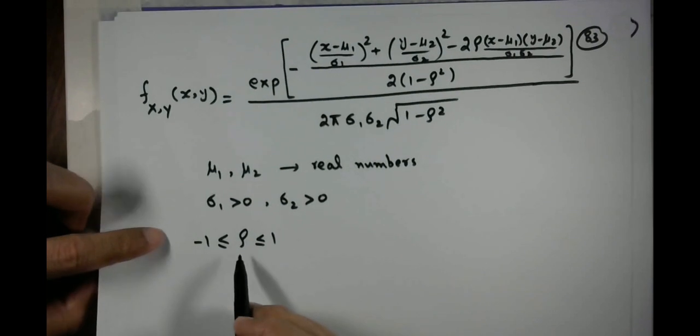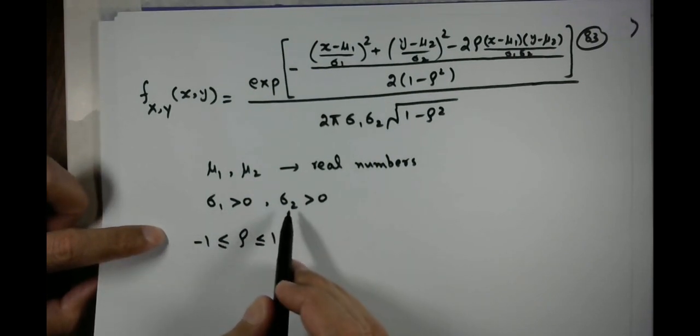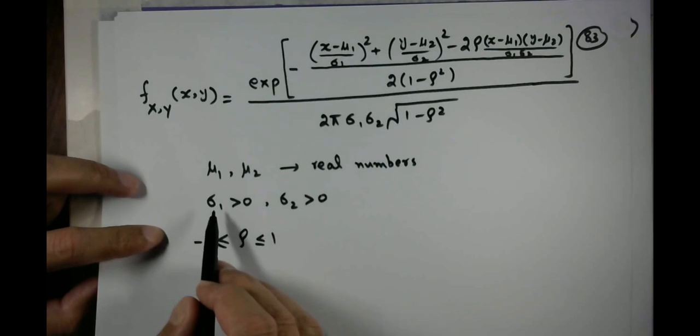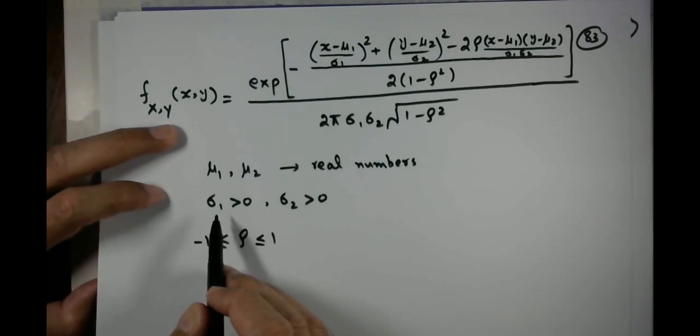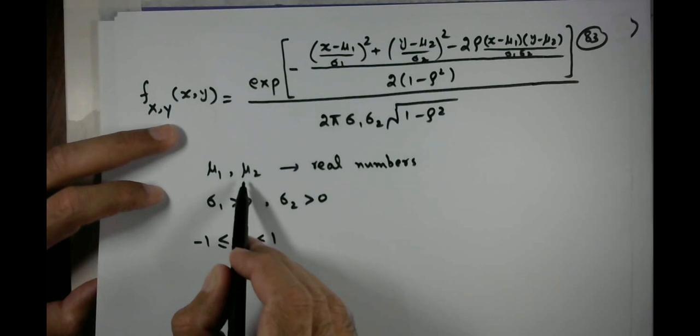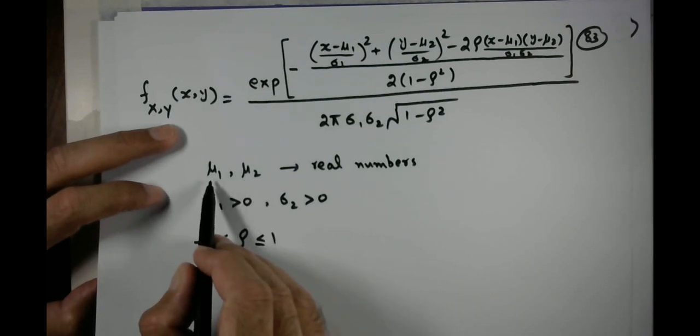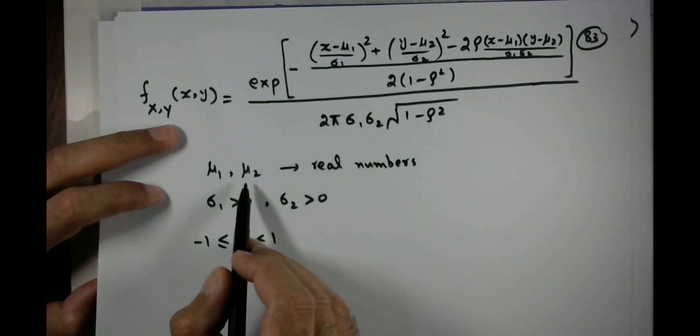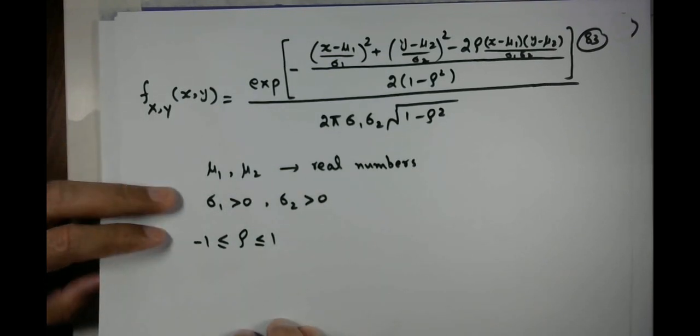Now I'll make a small observation and derive an important conclusion from here. Observe that if rho is equal to 0, where rho is the correlation coefficient, sigma 1 and sigma 2 are the standard deviations of random variable x and random variable y respectively, and mu 1 and mu 2 are their means respectively.